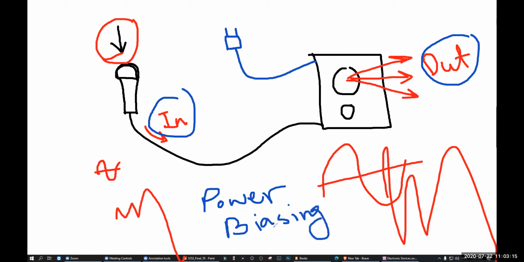So battery is actually your power or biasing. Remember, every circuit needs some power. That is not its input, not its output. It is required for running the machine, for turning it on or keeping it turned on.